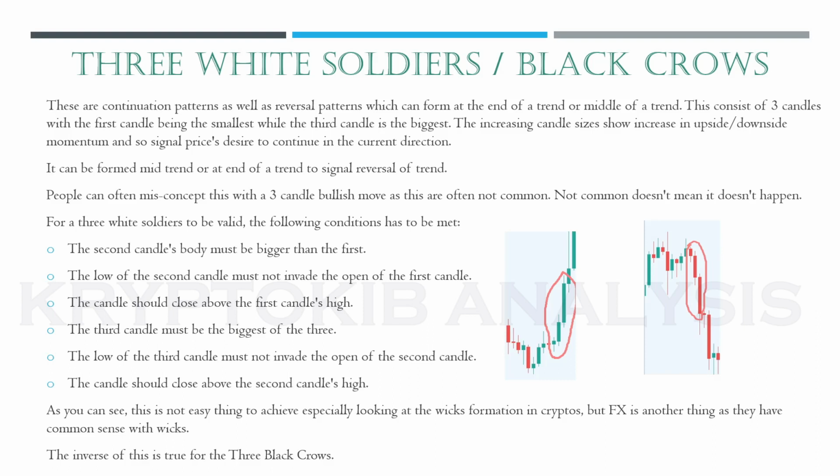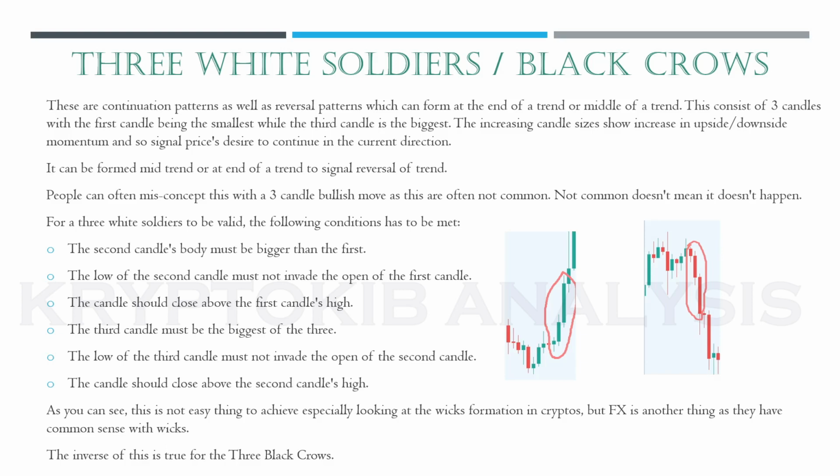It's very rare. For three white soldiers to be valid, the following conditions have to be met. The second candle's body must be bigger than the first. The low of the second candle must not invade the open of the first candle. The candle should close above the first candle's high.